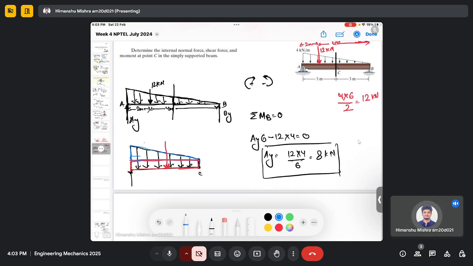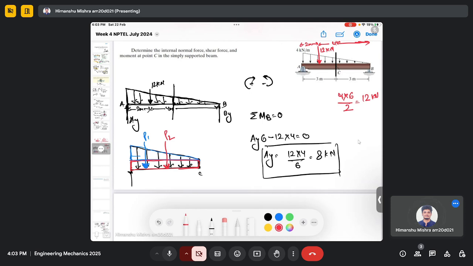Then there will be an equivalent load associated with this triangle, and it will be x by 3 from the base. So here we are basically talking about two equivalent point loads, P1 and P2.